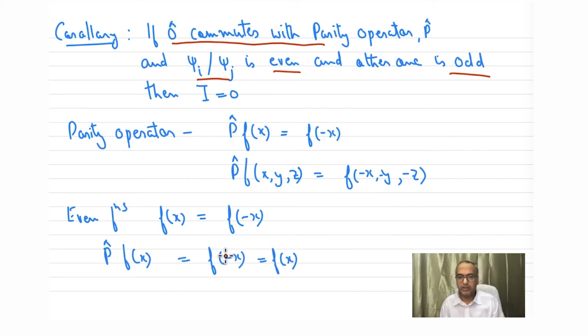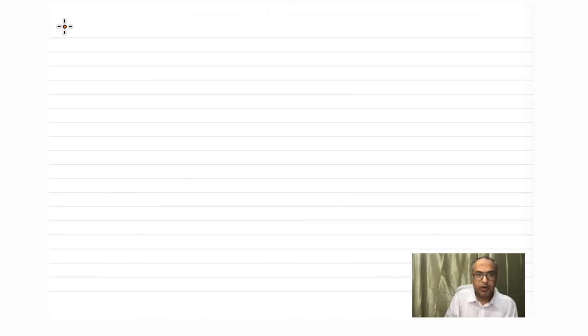Because for an even function, these two terms are equal. So we can say here that f(x) is symmetric with respect to parity. Now let's see what happens if we apply parity on an odd function.